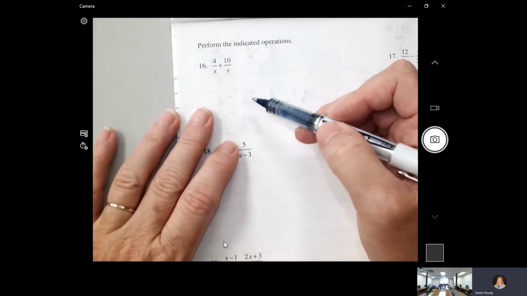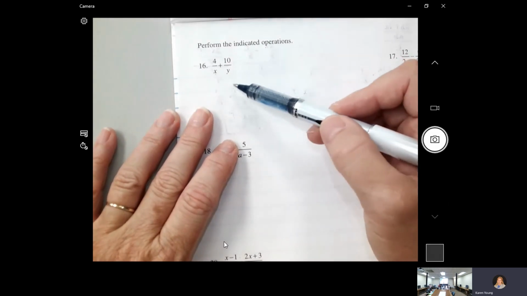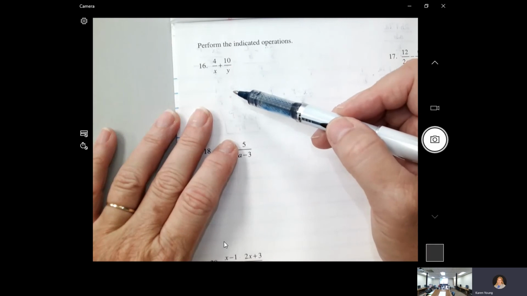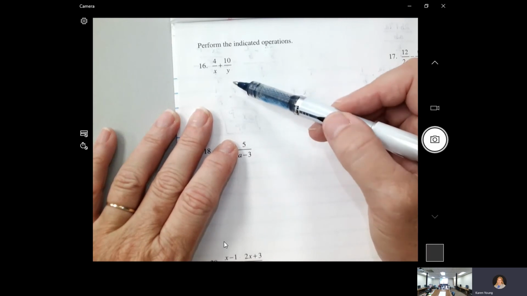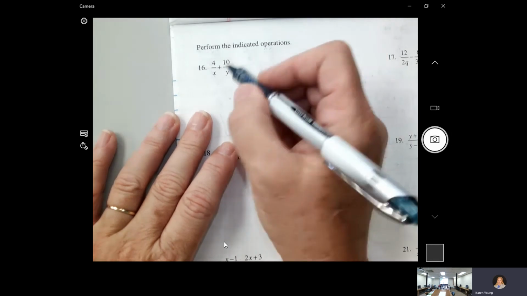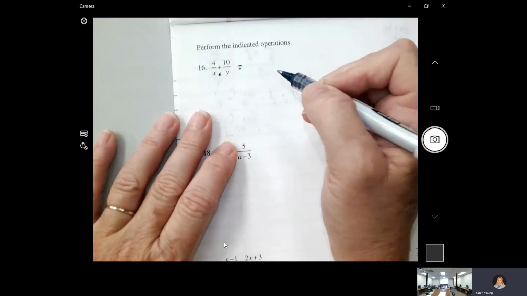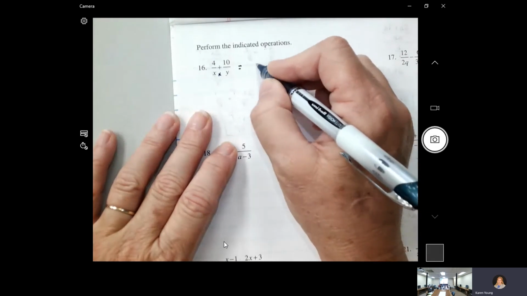Let's look at 16. And we're back to adding fractions. But this time we have fractions with variables. Okay. And this is where the butterfly method will work. I'm going to multiply the bottom numbers together to get my denominator, which would be xy.